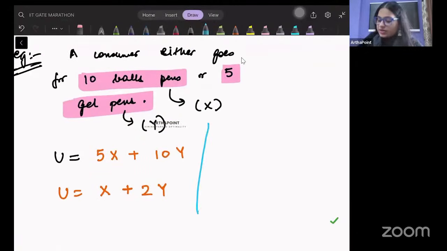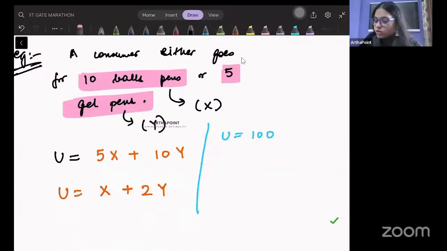Try to see that, suppose I am going ahead and I want a utility of 100. My utility is 100. And now I'm going ahead and I am saying that either that utility can be satisfied using ball pen or that utility can be satisfied using gel pens.